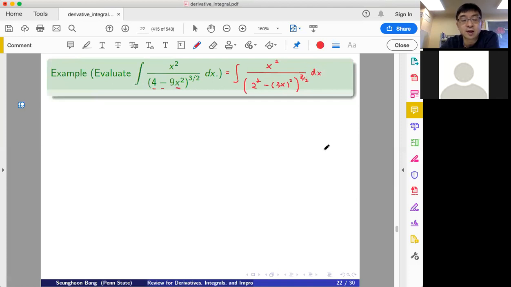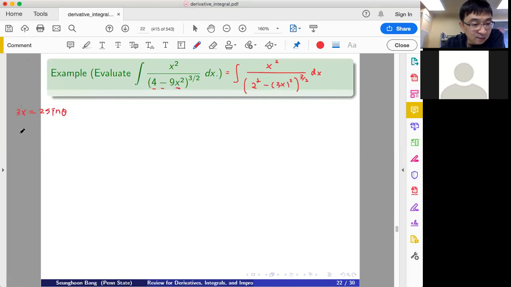This one, like this. So what's that? Here, you have to use trig substitution. What's it like? 3x is like the root of x, so 3x equals a, which is 2 times sine theta, divided by 3.